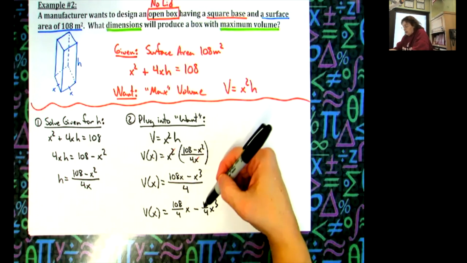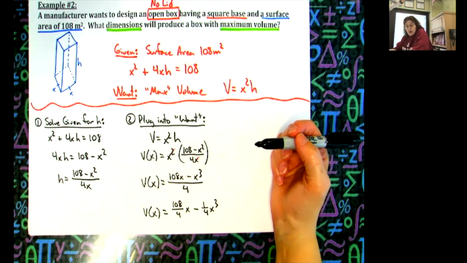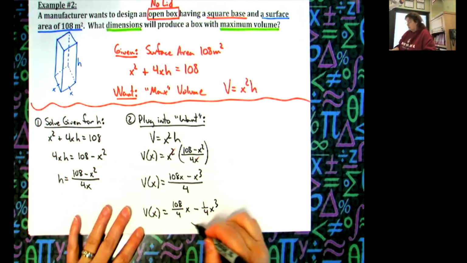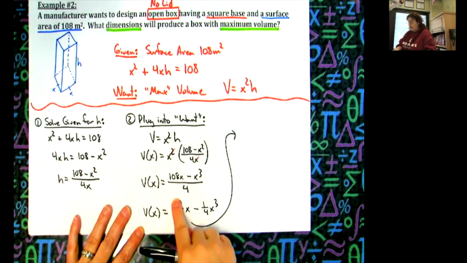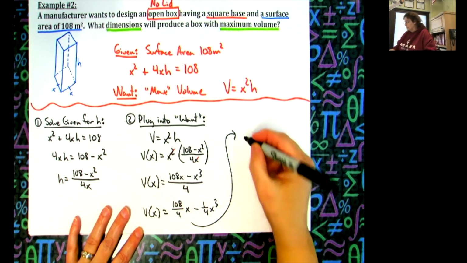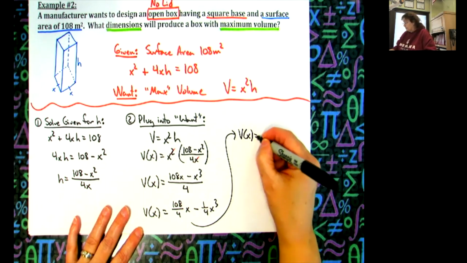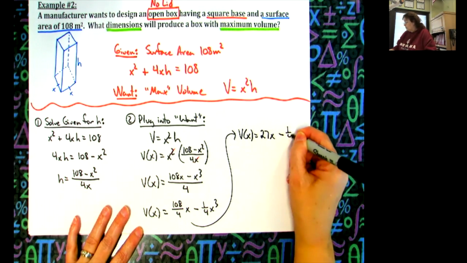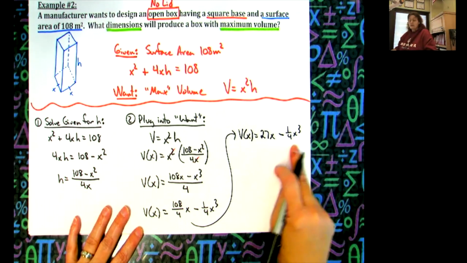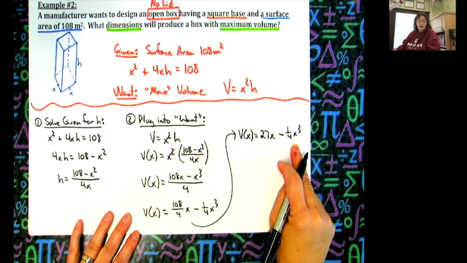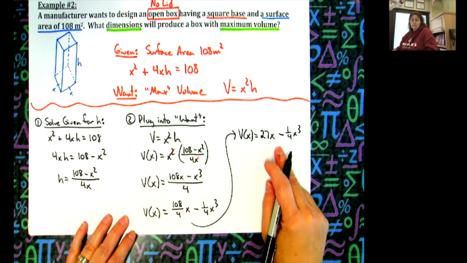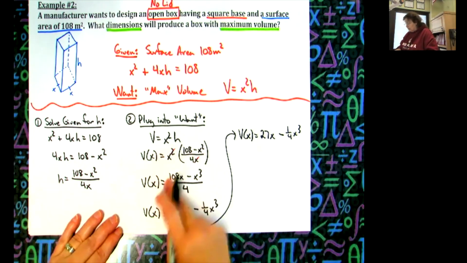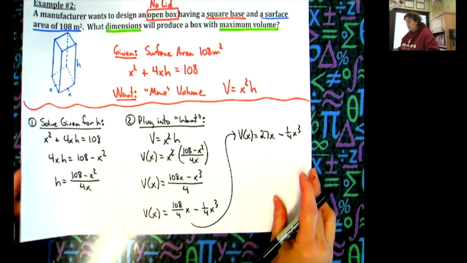I used the 1 here over 4 as a coefficient. All right, and then I am still running out of room here. I think 108 divided by 4 comes out to be a nice 27. All right, so 27x minus the 1/4 x to the third. All right, that is going to be a whole lot easier there to take that derivative. Okay, and that's what we want. You want this as simple as possible for the next step.